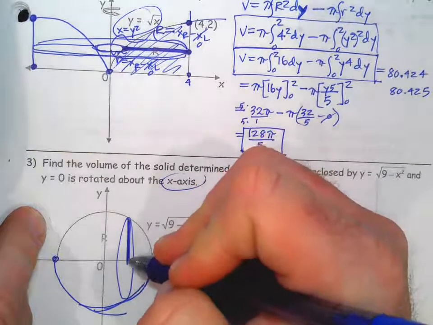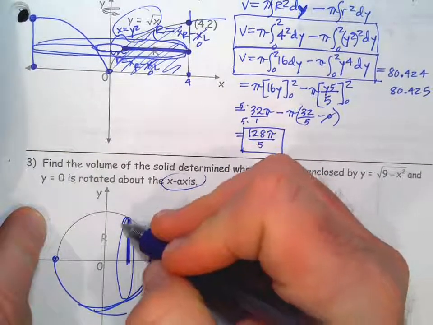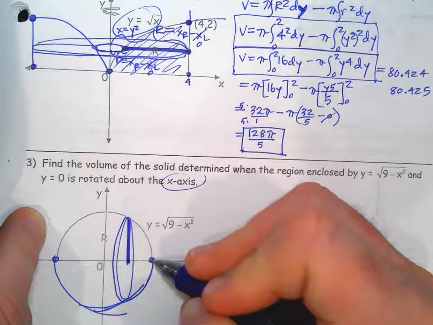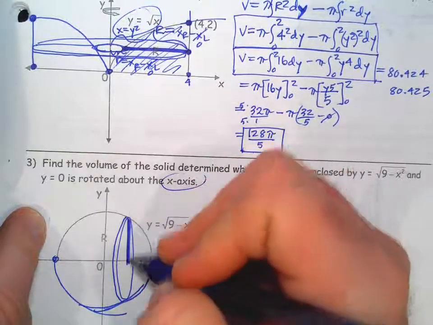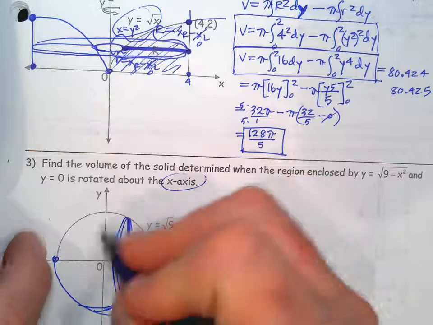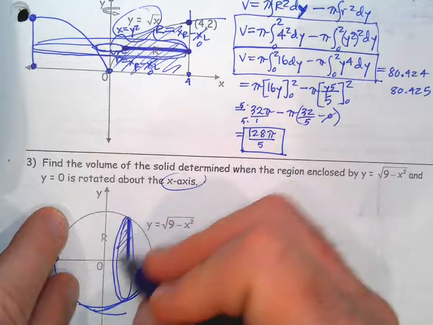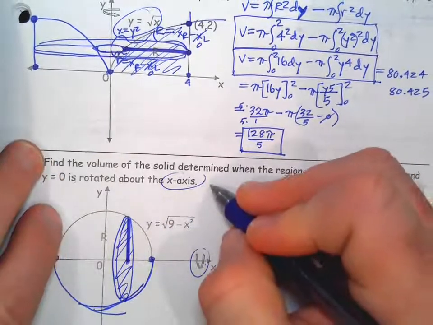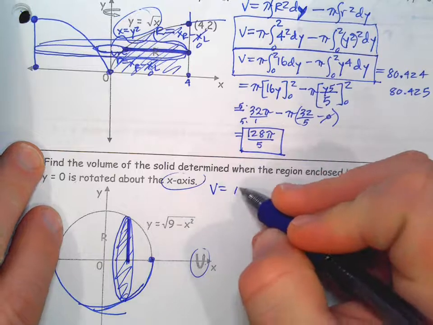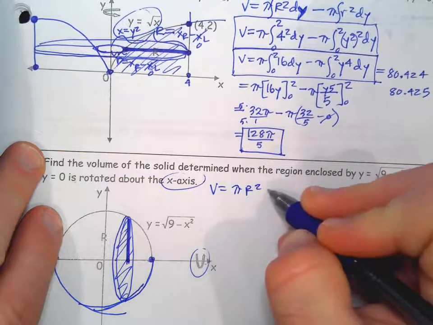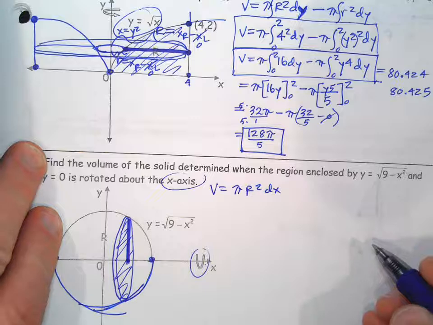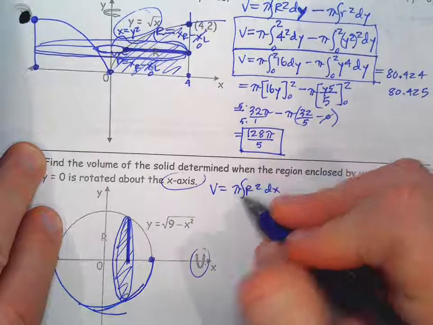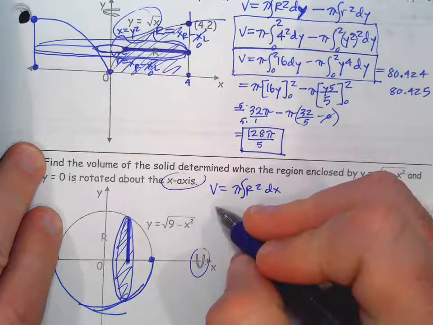If I want it to be disks, I should slice perpendicular to the axis of rotation, straight into it. Emphasize up here, this is where you should be setting everything up, right? So the volume of a single disk is pi r squared, in this case dx, because it's a vertical slice. And then we're going to integrate all of them to add them all up.